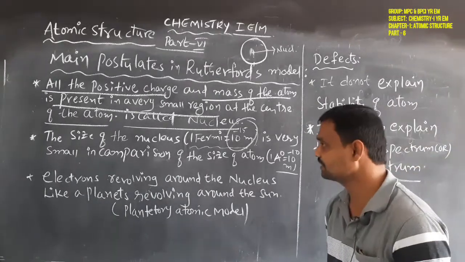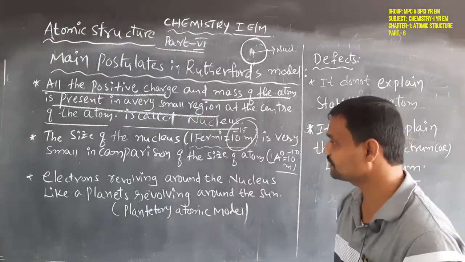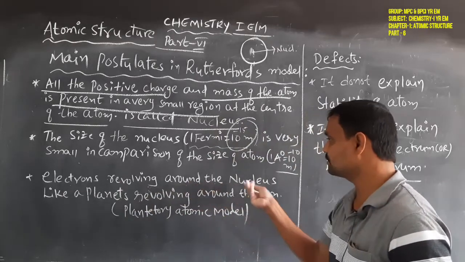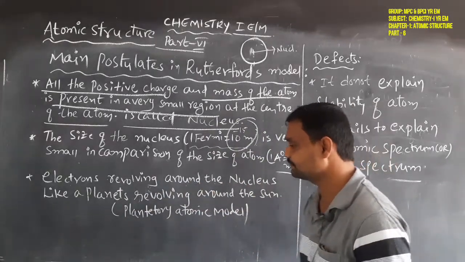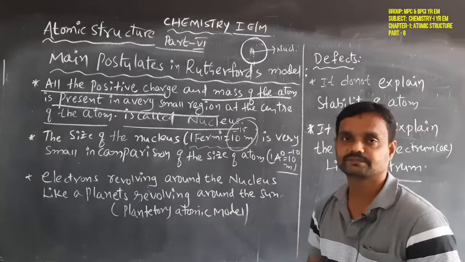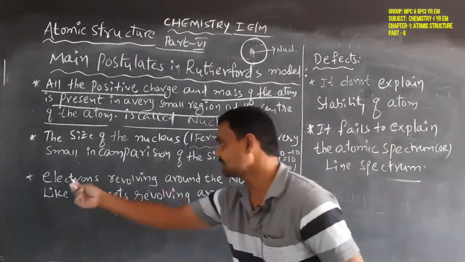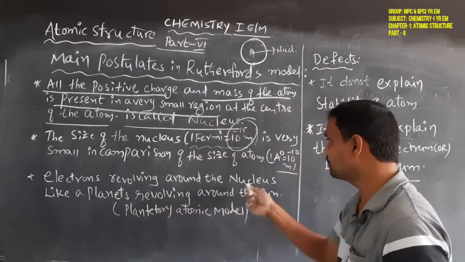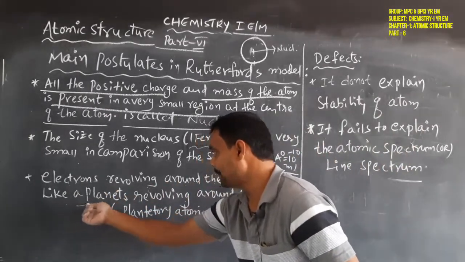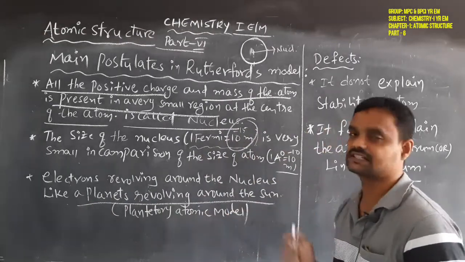Then we move to another one. According to the Rutherford atomic model, the electrons revolve around the nucleus in an atom like planets revolving around the sun.